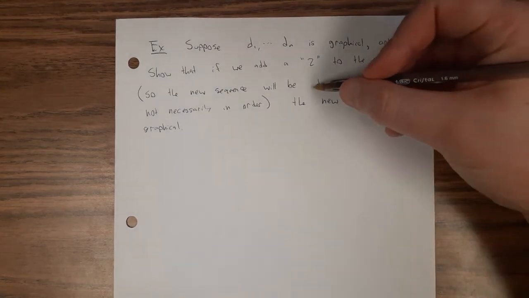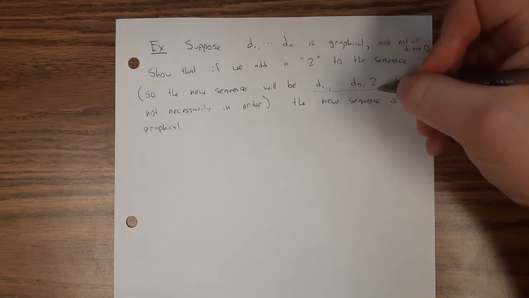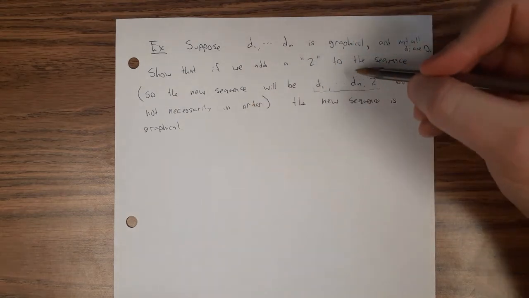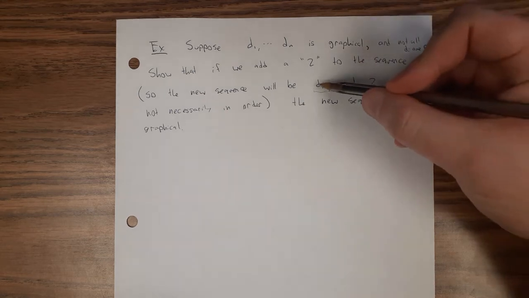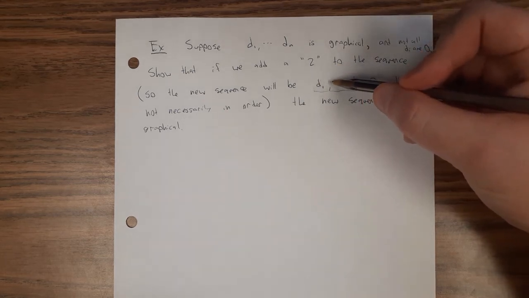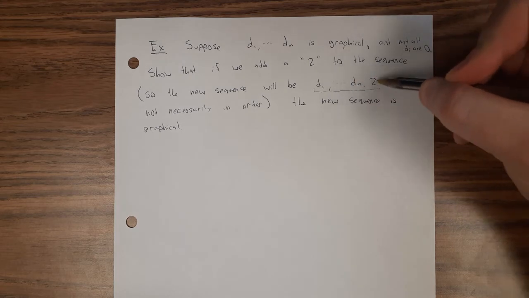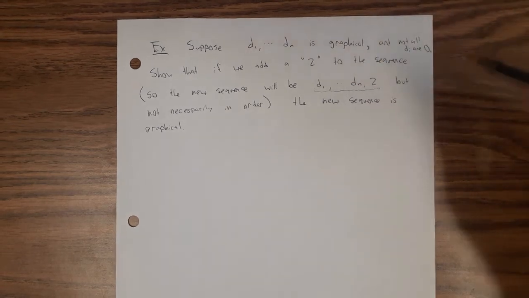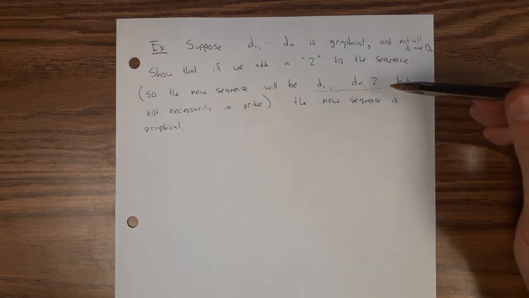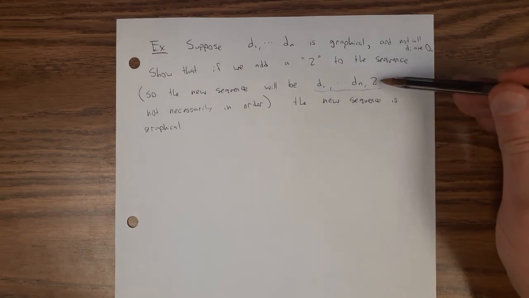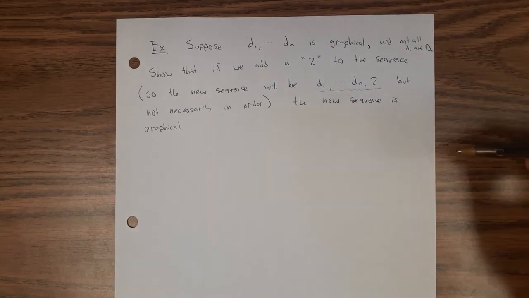I can write it like this, but keep in mind these numbers aren't necessarily in order. Usually we put the largest first, so D1 would be greater than or equal to D2 and so on, but once again, I don't know where the 2 fits in, so I wouldn't know how to write it that way. So I'm going to write it this way, and it's not necessarily in order. In any case, we want to show that that new sequence is graphical.